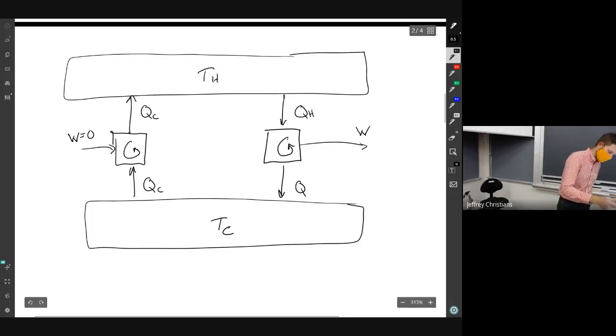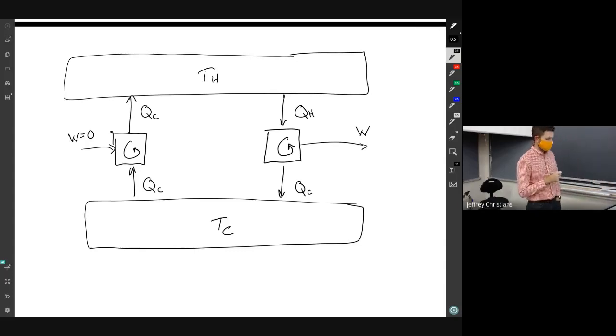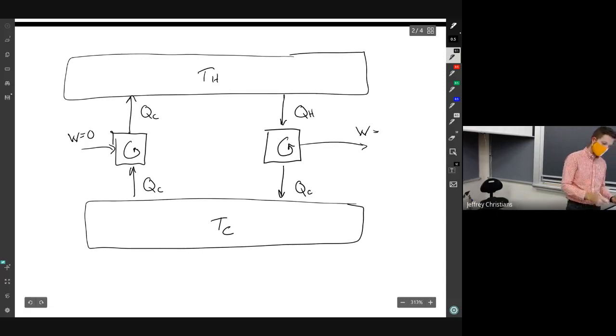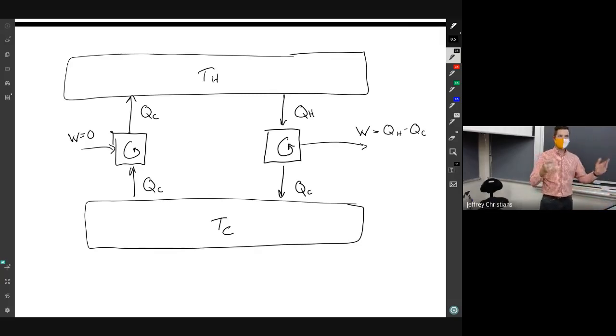It's supposed to be a C. Okay, the amount of work that we're getting out over here by an energy balance would be equal to QH minus QC, right? Because energy balance, what goes in must come out.